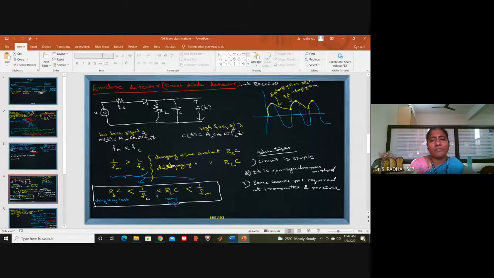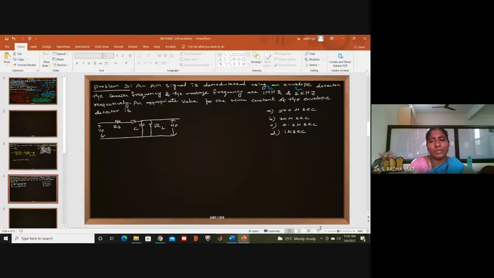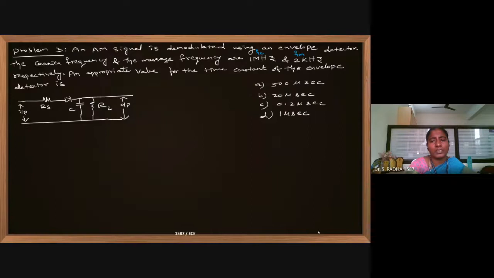And we know the FC value is higher, so 1 by FC will be lower compared to 1 by FM. Now we have to find the RL into C discharging time value. The circuit is the same.